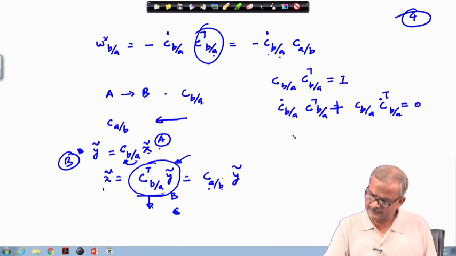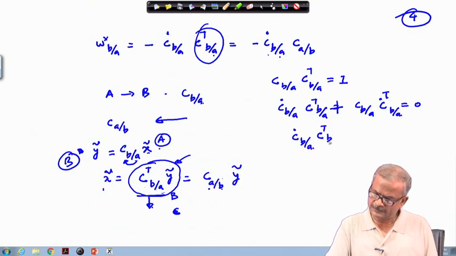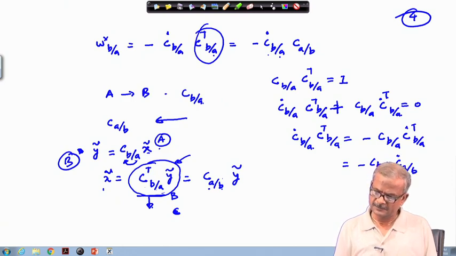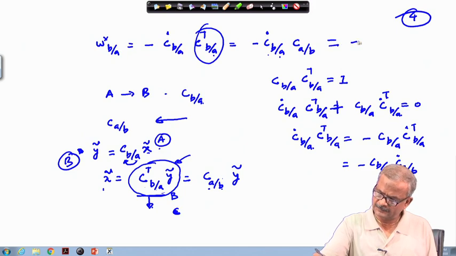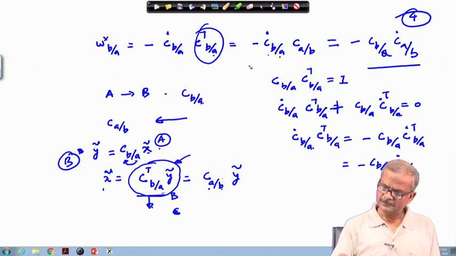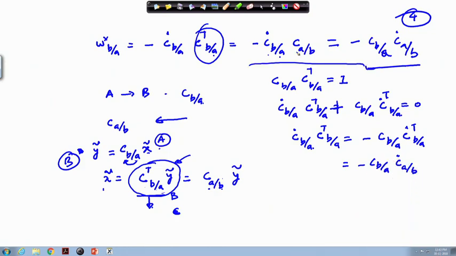So, that means C dot B slash A transpose C transpose B slash A will be equal to minus C transpose B slash A, and this is nothing but minus C B slash A times C dot A B. So, here you can write this as minus C B A times C dot A slash B. So, these relations are very useful. This may look trivial, but while working on some of the problems you may require this kind of trick.